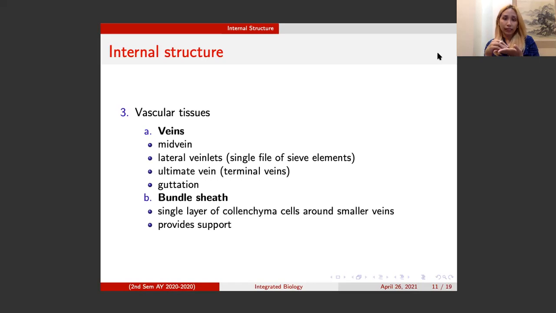And the veins, right, in the leaf blades are actually highly delicate. So they are surrounding the veins to provide support or protection, right? Because this tissue, yung mga veins na ito, maliliit sila and they're highly delicate. So they need extra support. And that's what bundle sheaths are for, okay?